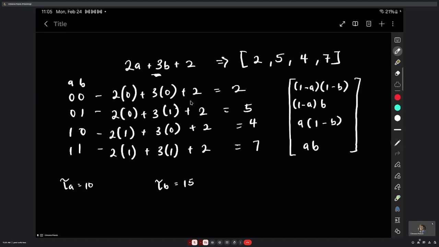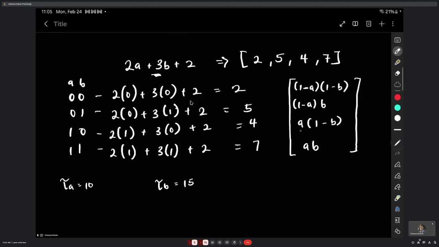Okay. So basically, we want to get an array that we can use to do a dot product with the evaluations of the polynomial, right? And this is 0, 0, right? We want to check 0 for A and 0 for B. So that's why we have 1 minus A, which will check 0 for A, and 1 minus B, which is check 0 for B. So this one is check 0 for A and check 1 for B, right?